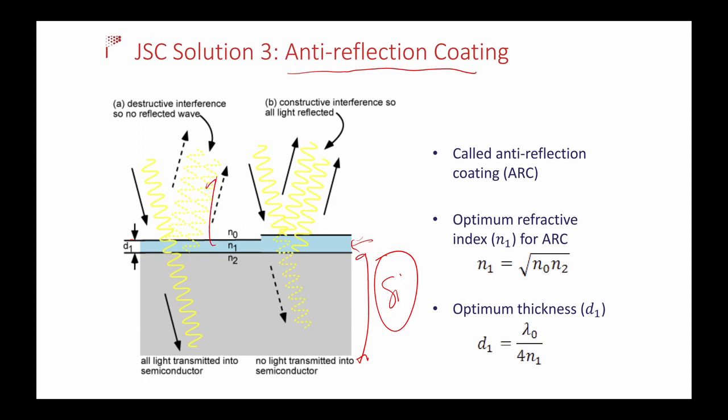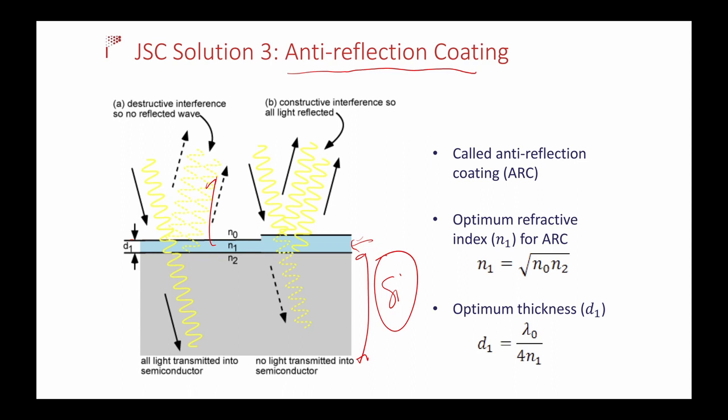You can search on Google what types of anti-reflective coatings are used. There are several materials, and I don't remember which ones they use, so they might be coming in the next slides. I have added some slides on that.